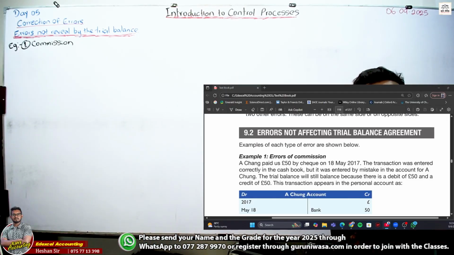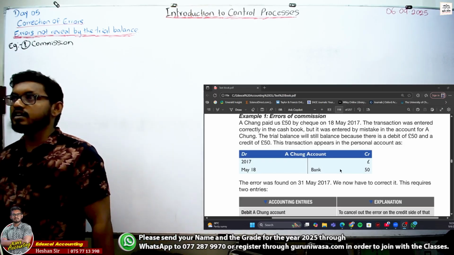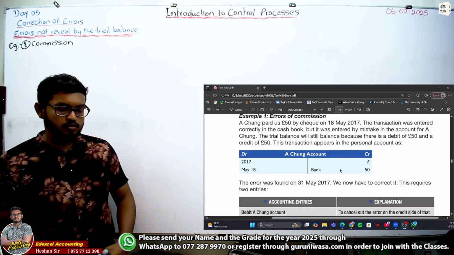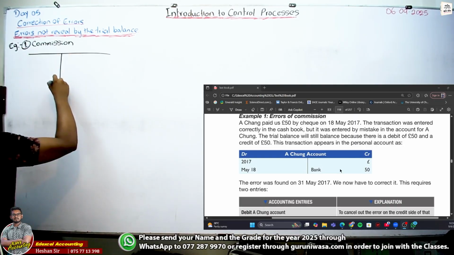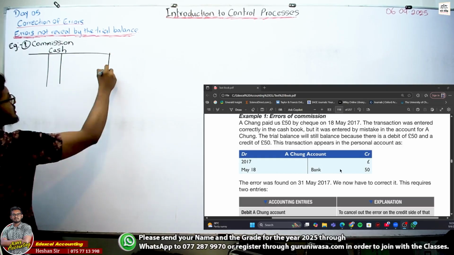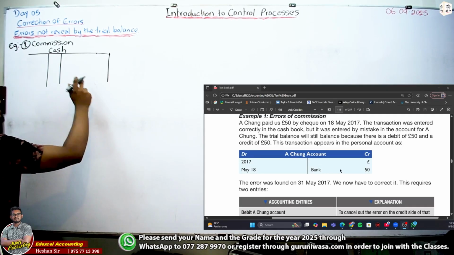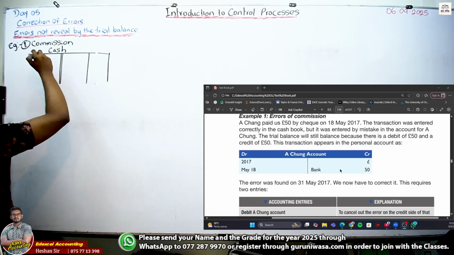You can see, what is the error in here? A Chang paid us 50 by a check. The transaction was entered correctly in the cash book. In the cash book there are three columns. In here, on the debit side there are discount allowed, cash and bank.